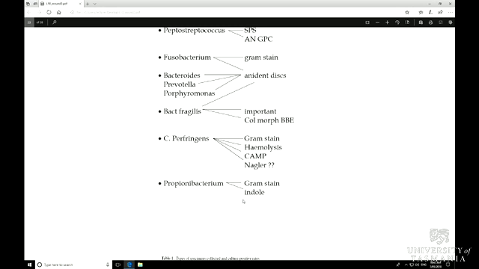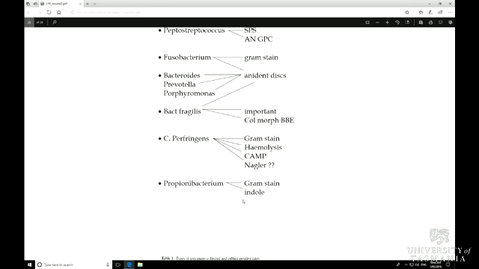If it's perfringens, the gram stain and the hemolysis is all you have to do. The CAMP test is pretty old-fashioned, forget that for now. If the bug is possibly a Propionibacterium, a gram stain and a spot indole is enough for us here in this lab just to say, probably this.